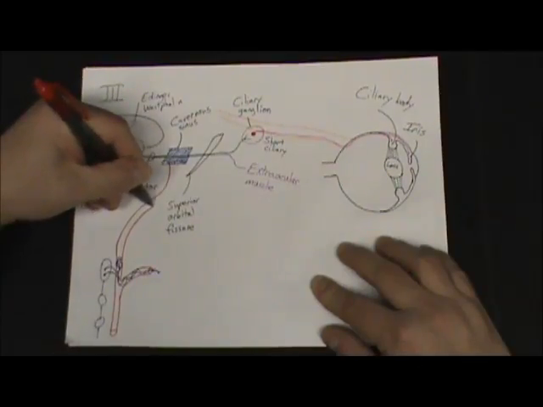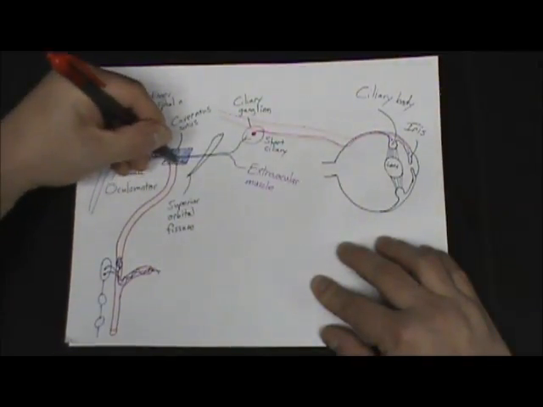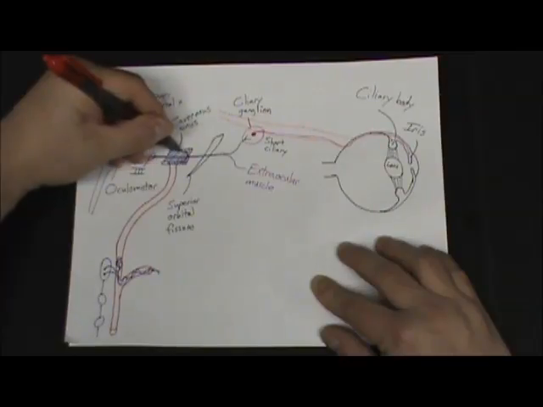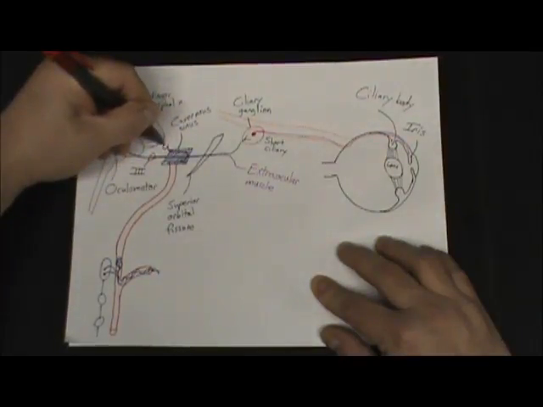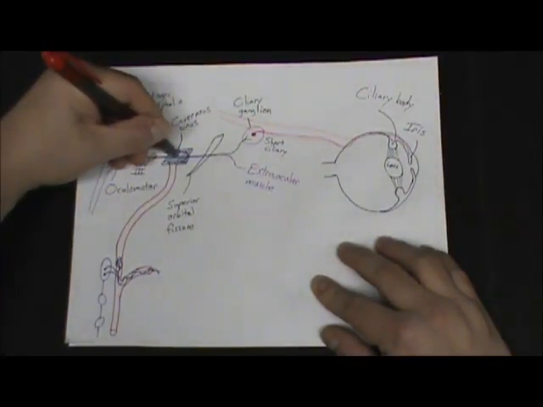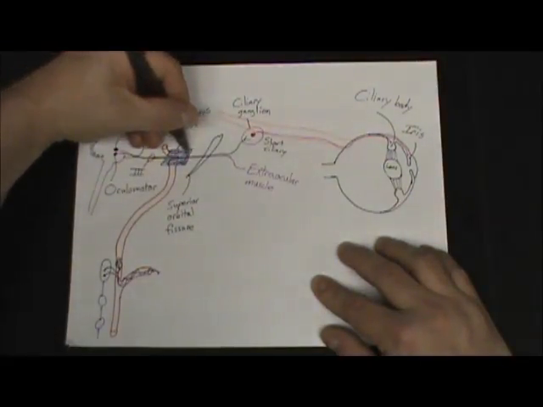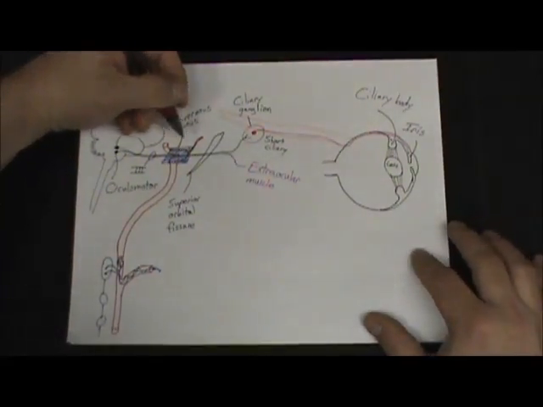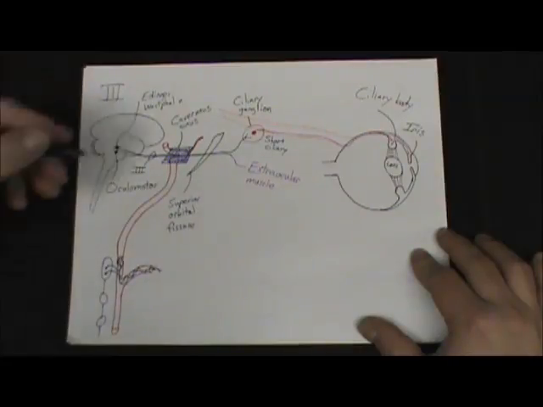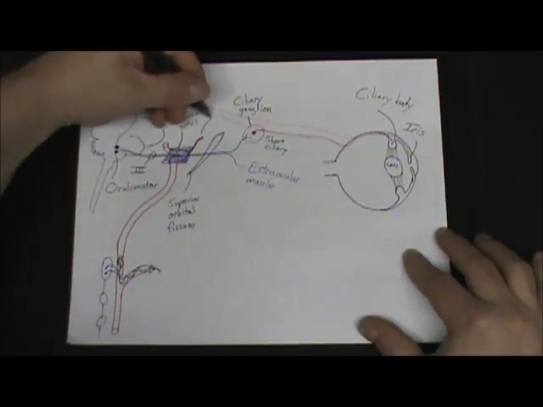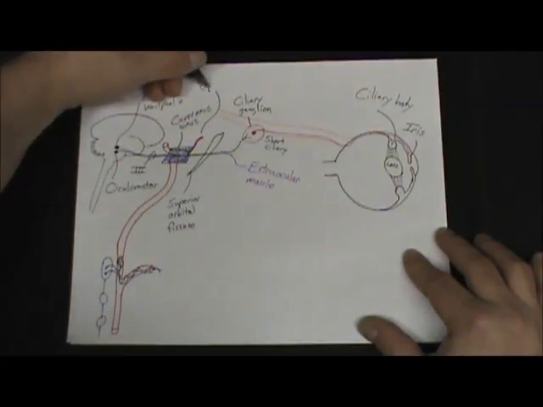So the internal carotid artery travels all the way up and through, makes a little bit of a U-bend inside the cavernous sinus, and right at that U, it gives off a little tiny artery, and that is the ophthalmic artery. So the ophthalmic artery is this little guy right here.